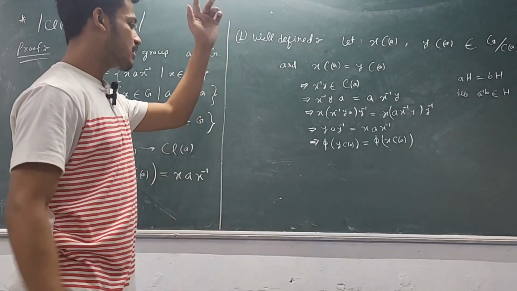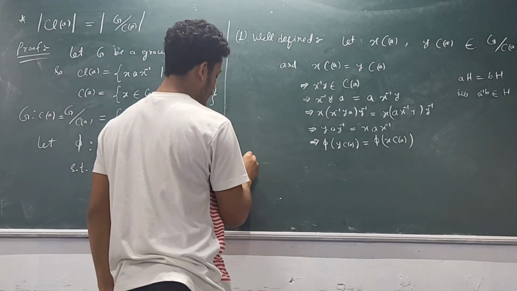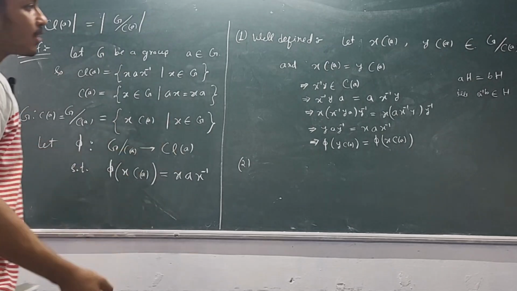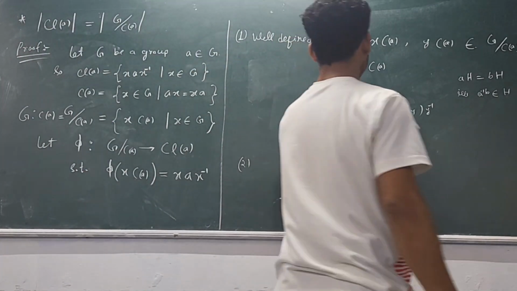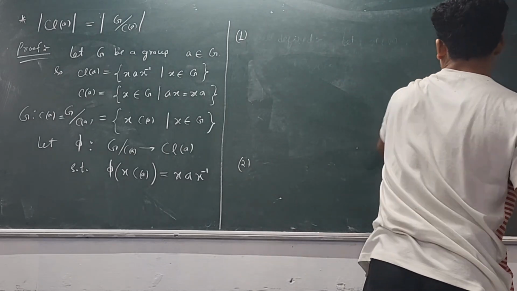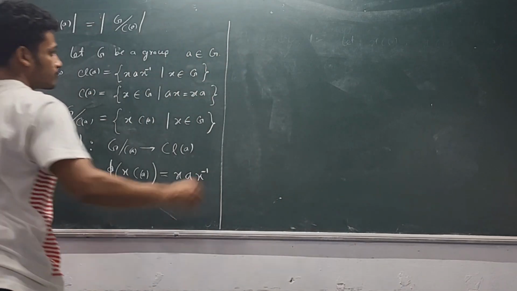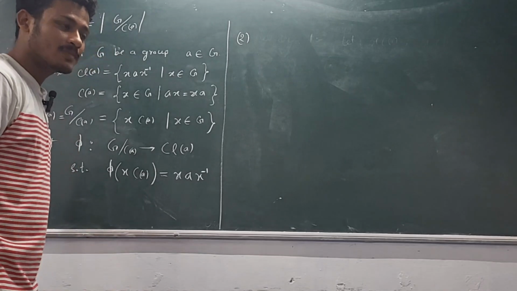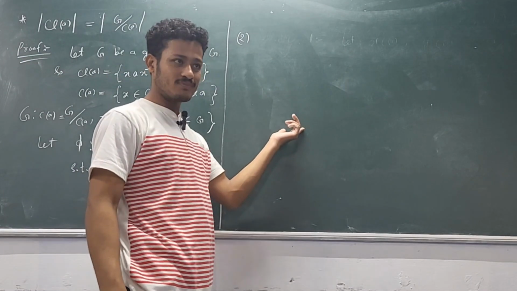Okay, well defined part. The second part is we have to show it is 1-1. Note down, I will remove. What is 1-1? It is the reverse process of well defined.